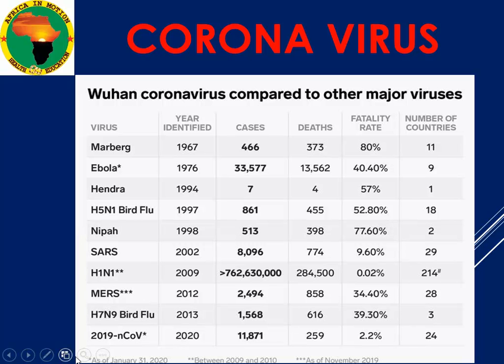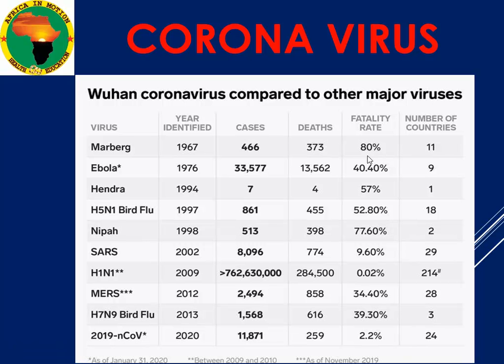If you compare this virus, 2019 nCoV, with other viruses, you can see some differences. Marburg, which was in 1967, infected 466 people in 11 countries, and it killed 80% of all the people that it had infected.